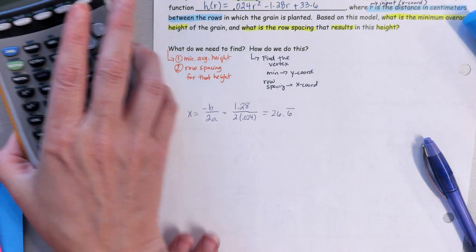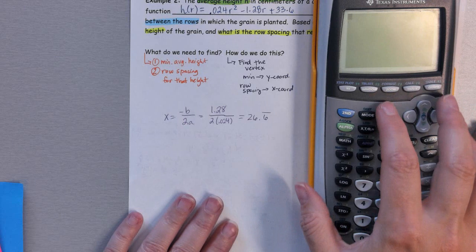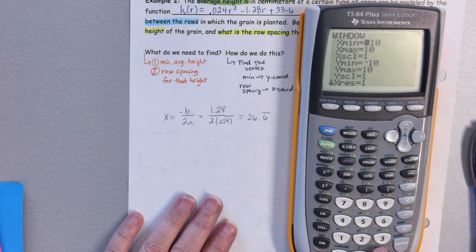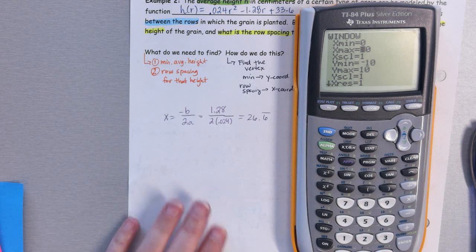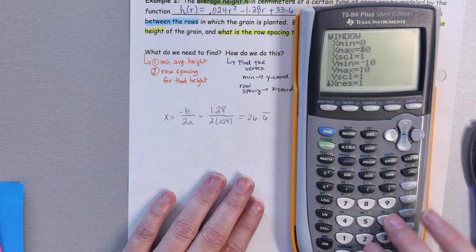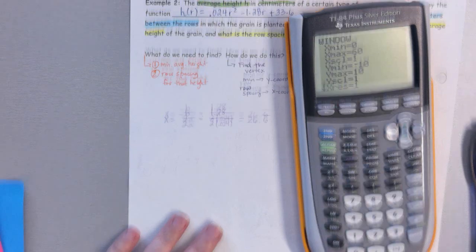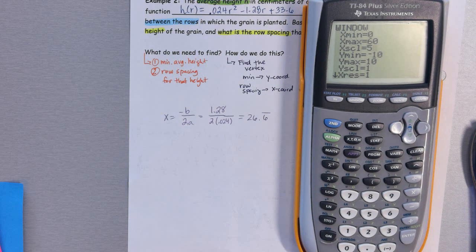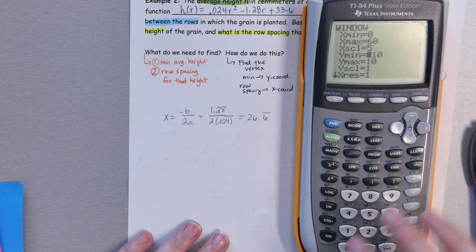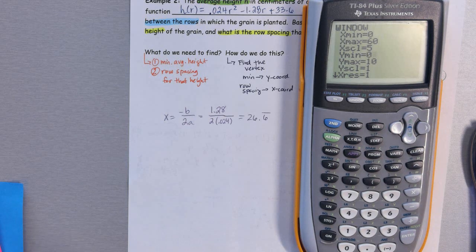If that's the halfway point, what do you guys think I should set my window for? This is halfway. Yes. Okay, so something like 50 or 60, right? And then let's make our scale by 5s. And then with y's, you can also just play around and guess.